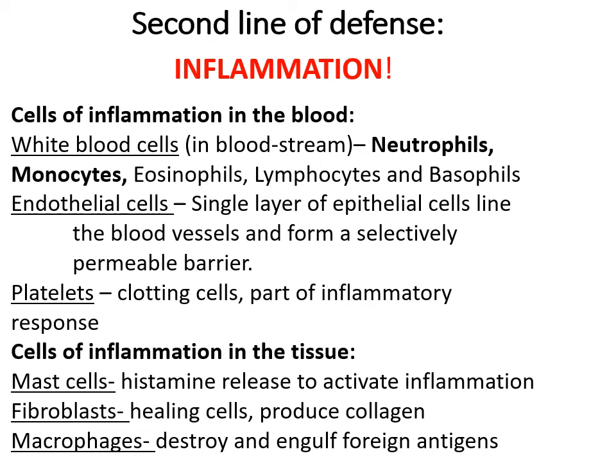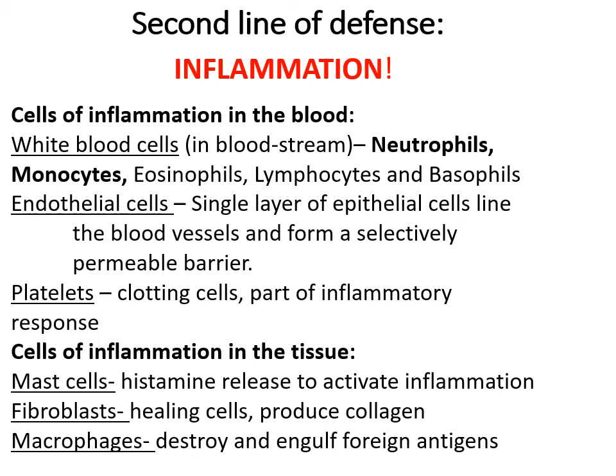Well, you have your mast cells, which release the histamine to activate the inflammation. You have fibroblasts that live in the soft tissue, and they're healing cells, so they'll come in a bit later, and they'll produce new collagen that leads to healing of the area. And you already have macrophages there.